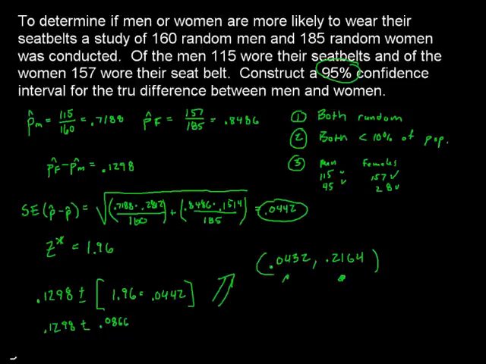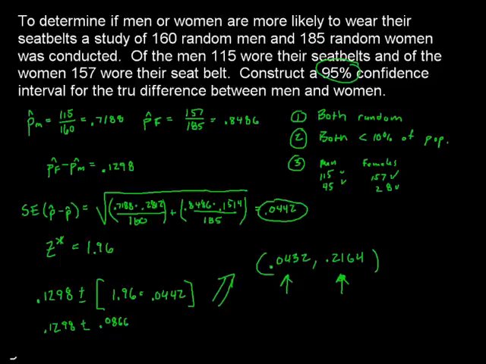The good news that we learned here is that it does seem that women are more likely to wear their seatbelt. How much more? 4% more or 22% more, all depending. So notice that it is definitely more.